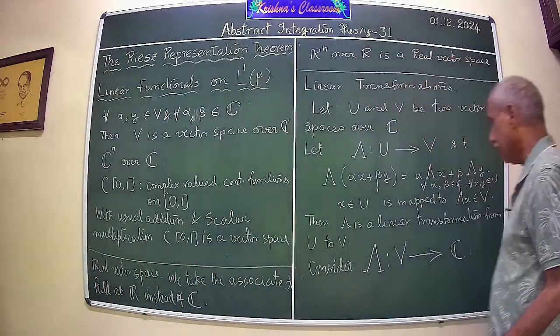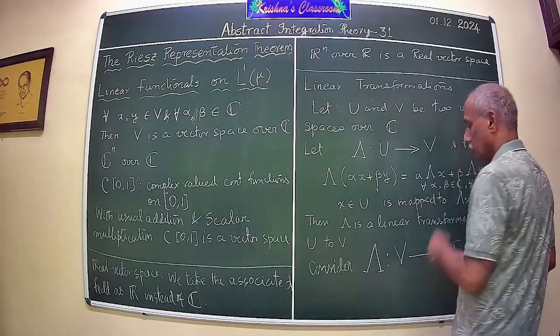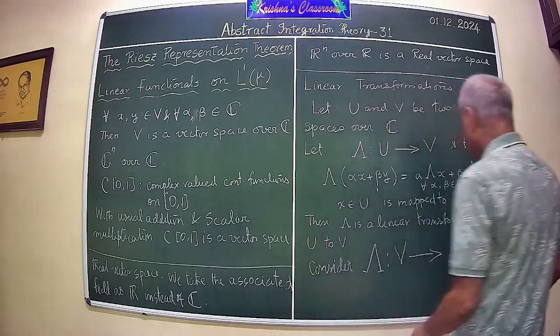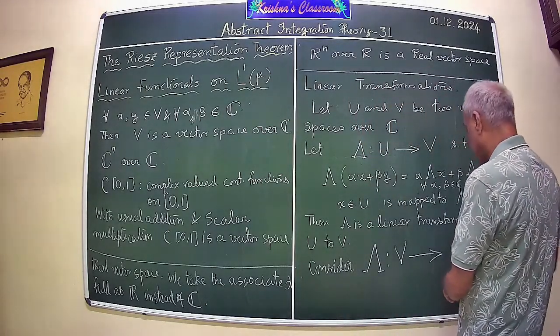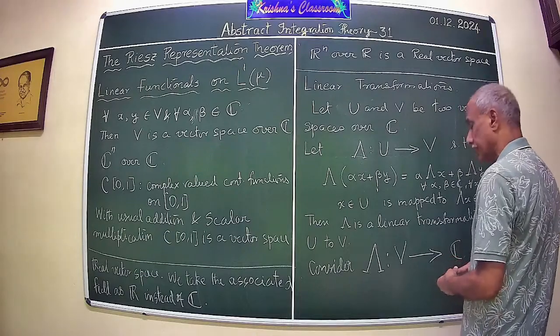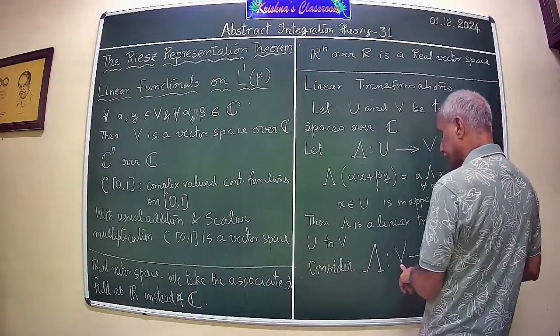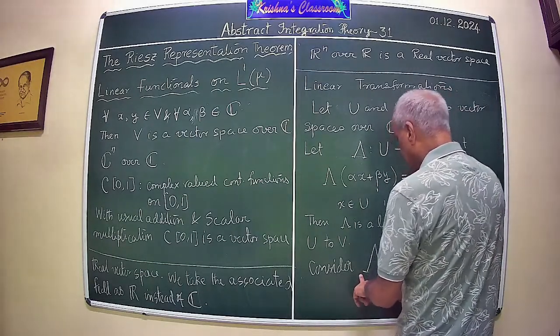So essentially, you can talk about linear transformations from V to C. C over C is a one-dimensional vector space, and therefore it can take the position of the range space, and you are talking about a map from a vector space to C, and lambda is assumed to be linear.